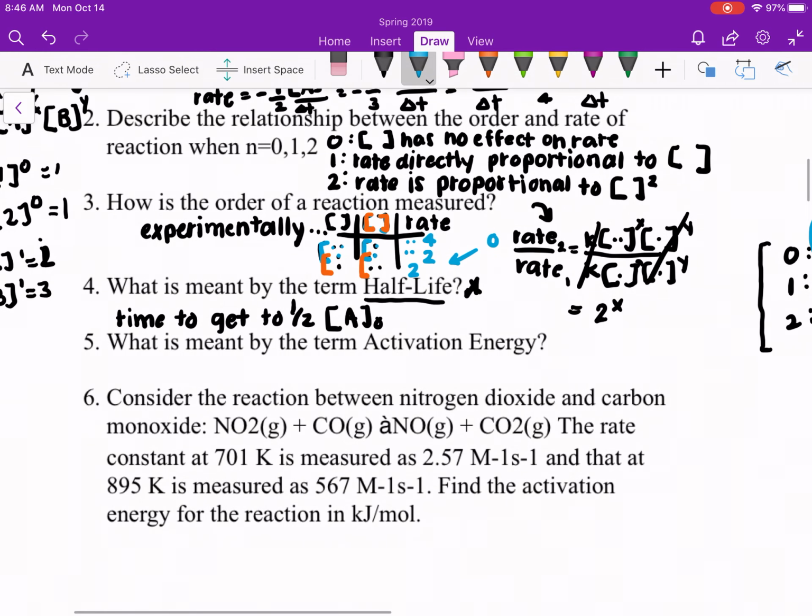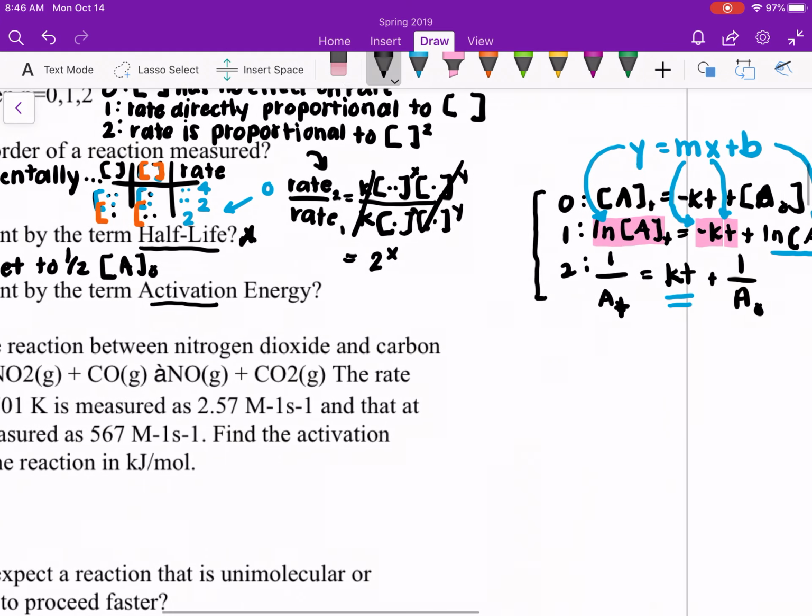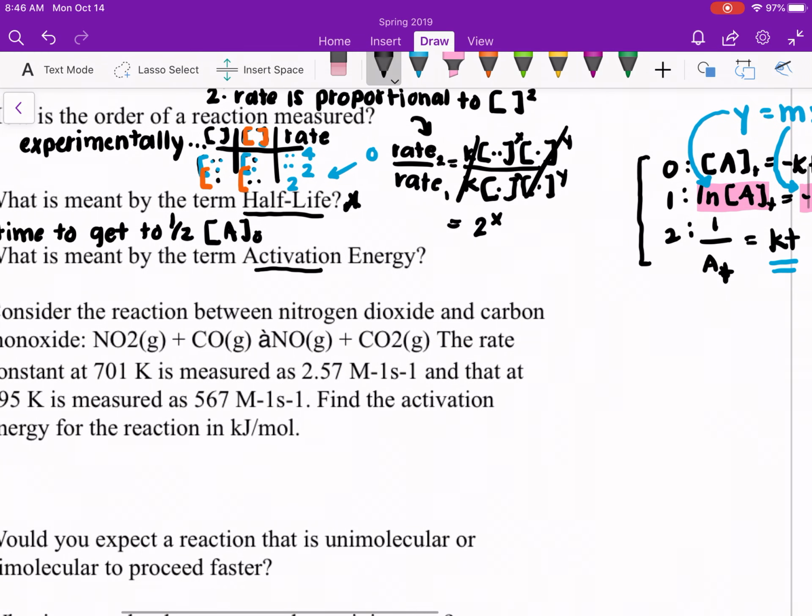So let's see, I'm going to do one more and then I'm going to pause because I have an SI session. The term activation energy is essentially just the energy required to jumpstart the reaction. So let's say this is energy, this is the progress, I'm just going to write prog.